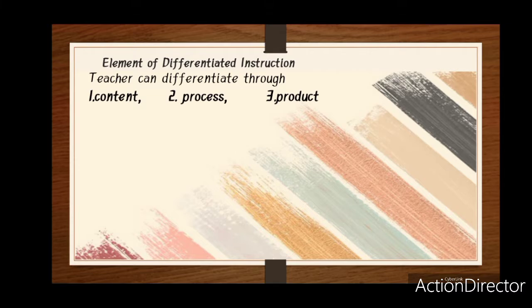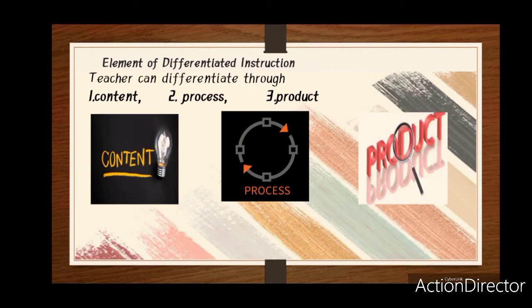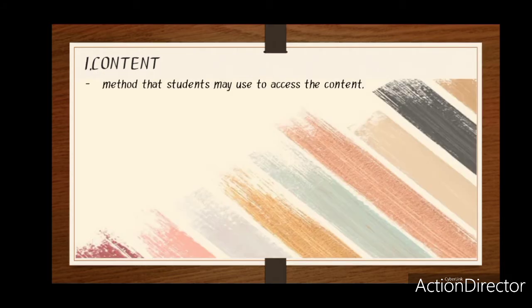Elements of differentiated instruction. So teachers can differentiate through number 1, content, number 2, process, and number 3, product. So number 1, content. It is what is learned. This involves what the students are to learn and master. What teachers can differentiate in terms of content is the method that students may use to access the content.